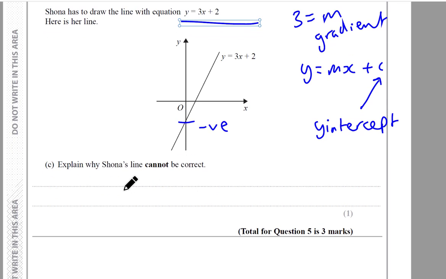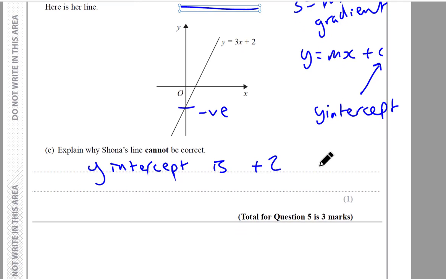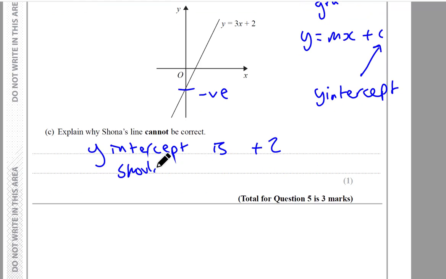And you can say the y-intercept is plus 2, so it can't be negative.